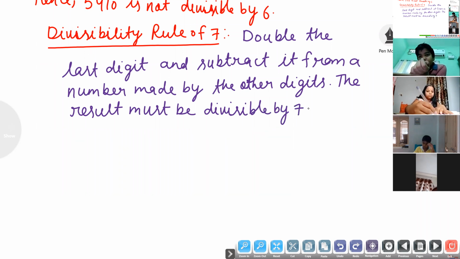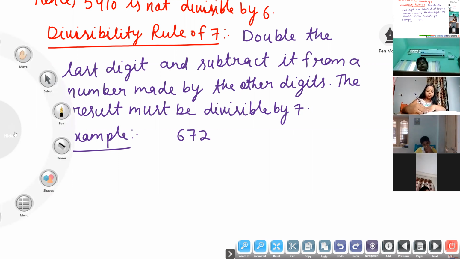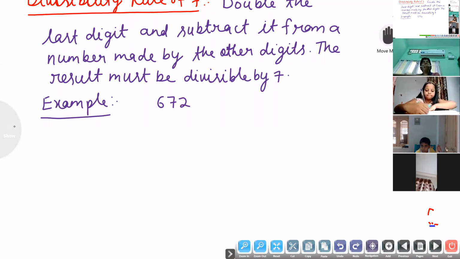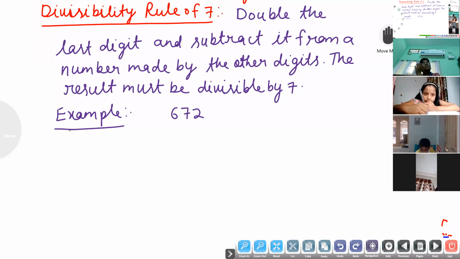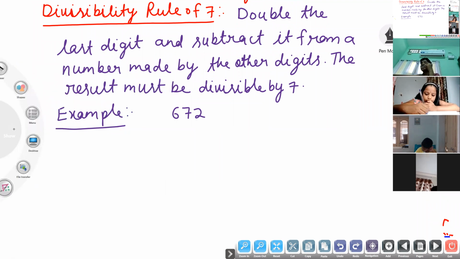Example, 672. First line he has given: double the last digit.